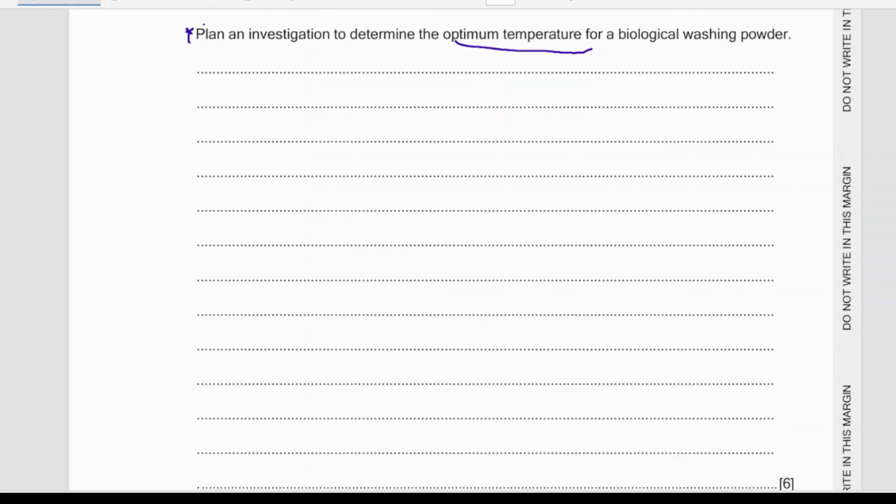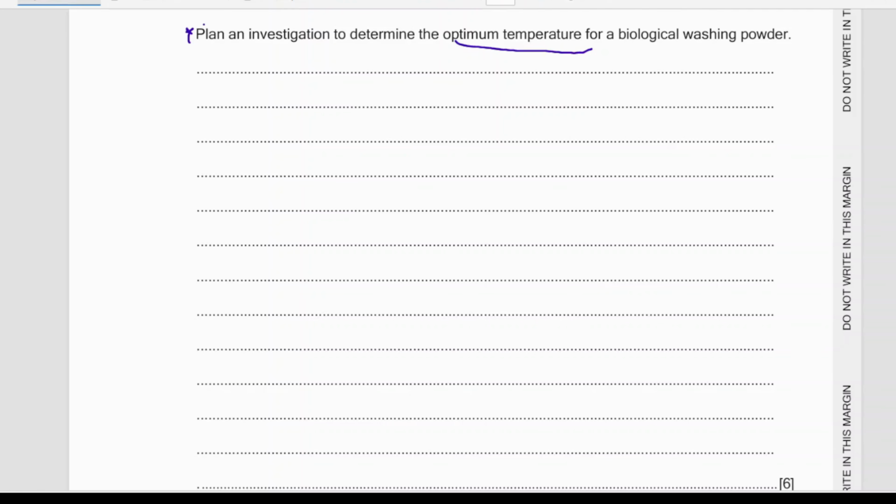How do we observe the working of washing powder? By using some stained cloth, whether the stain would be there or gets removed. How do we maintain the temperature? By water baths.